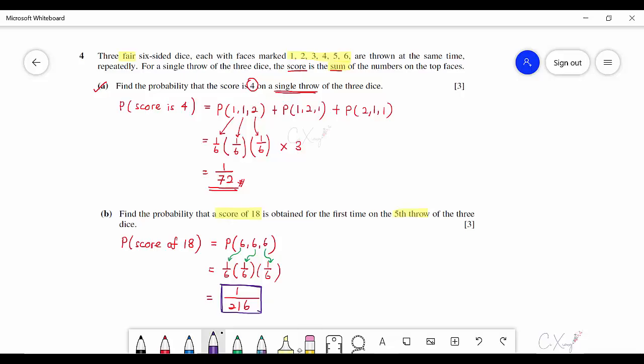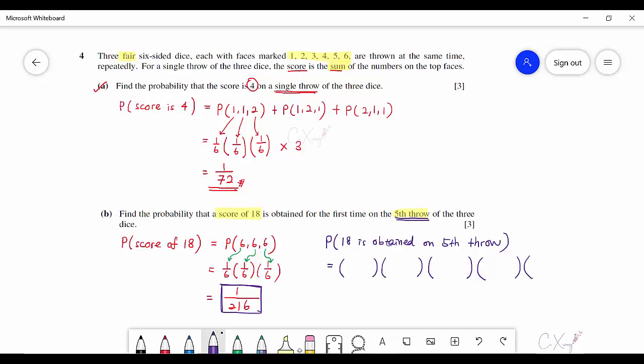Okay, then now we proceed to the second part of the question. They are asking for the fifth throw, first time of 18 on the fifth throw. So maybe you can write that the 18 is obtained for the first time on the fifth throw. Okay, so that means you want to throw the 3 dice 5 times.